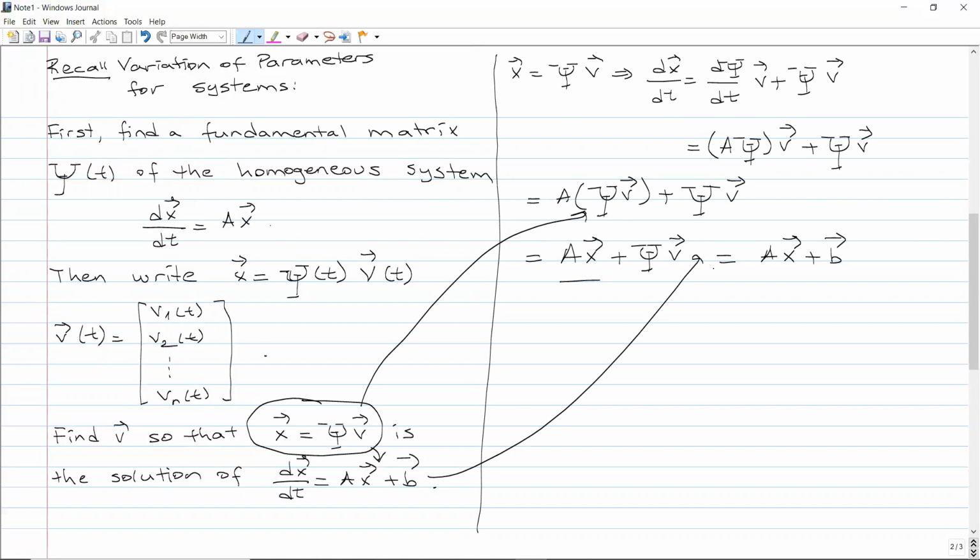By comparing the two sides, we already have Ax. So we need Φ times v equal to b. I'm sorry, not v. This should be the derivative of v. I forgot to differentiate.